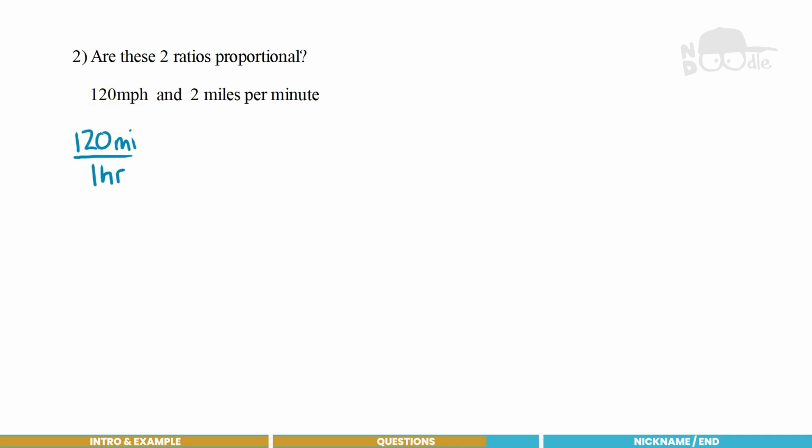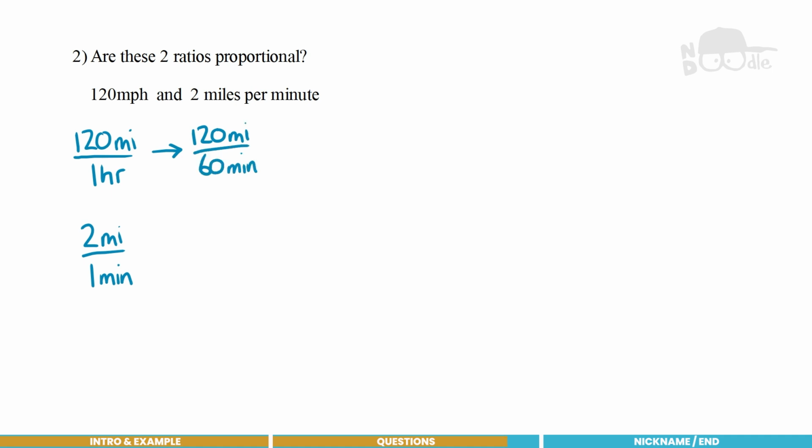And our second ratio is 2 miles per 1 minute. Our units on the top match, but on the bottom we've got hours compared to minutes. So let's convert the larger type to the smaller type. There are 60 minutes in 1 hour, so our first ratio becomes 120 miles per 60 minutes.